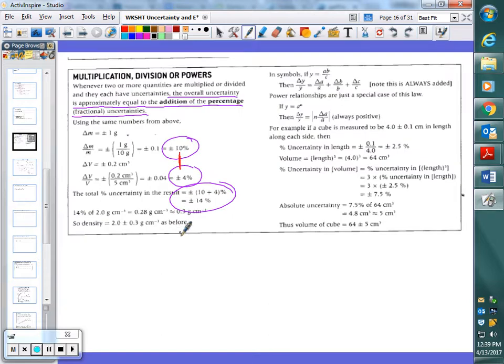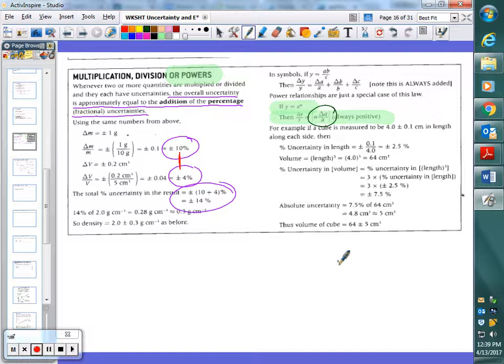this page right here. When we do powers here, the important part basically is whenever we're taking something to a power, we're going to multiply its uncertainty by the number of times we're taking it to that power.